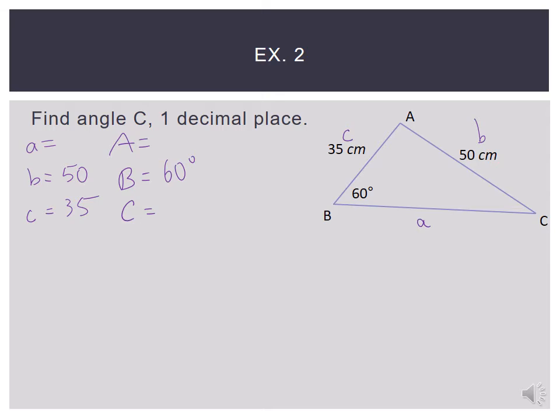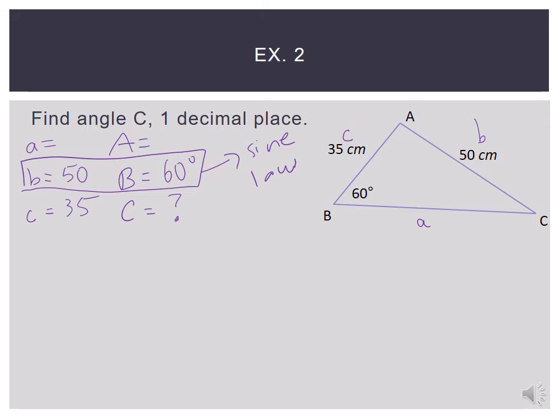Capital C, that's what you're being asked to find. So at this point, you're going to ask yourself, do I have a complete letter? And your answer is yes, you have B complete. And whenever you draw that box, that is your visual cue to do Sine Law.